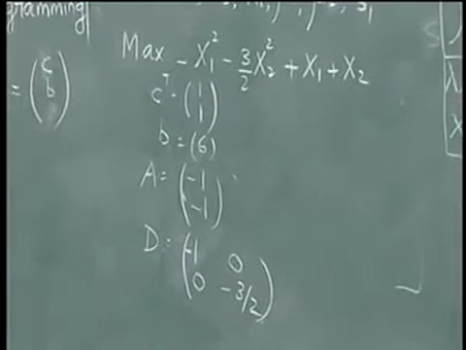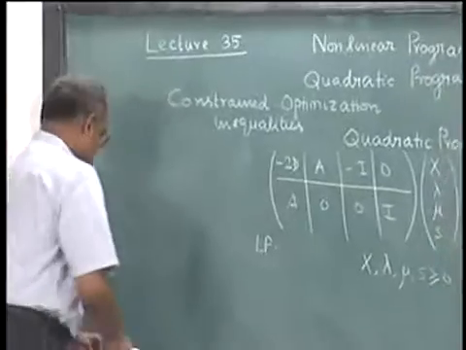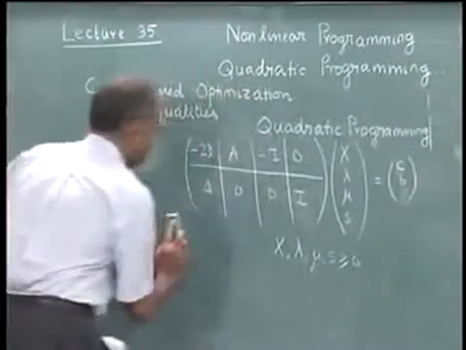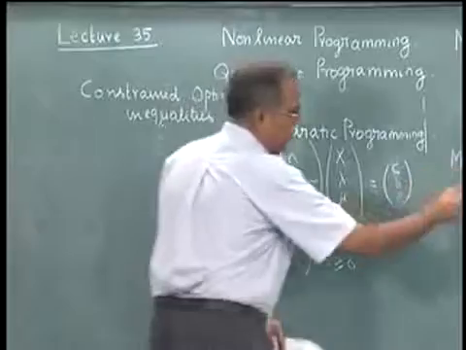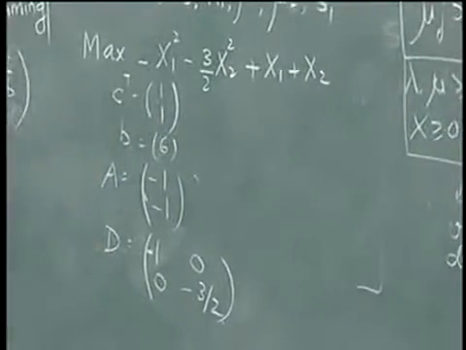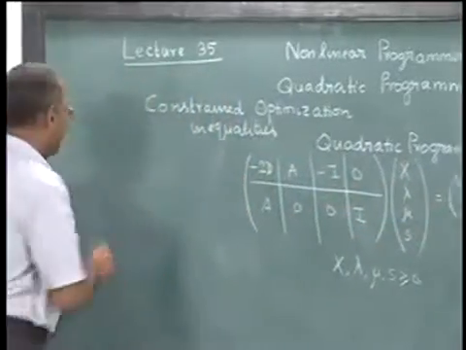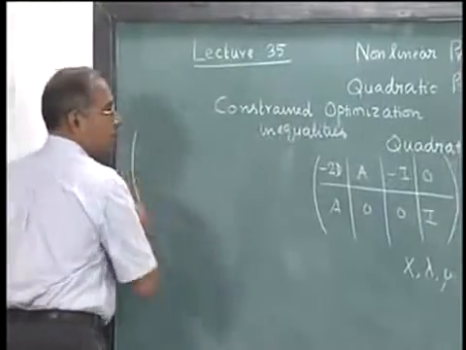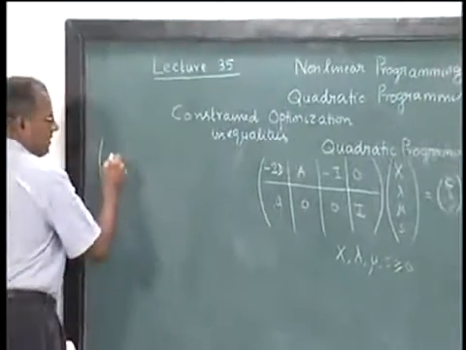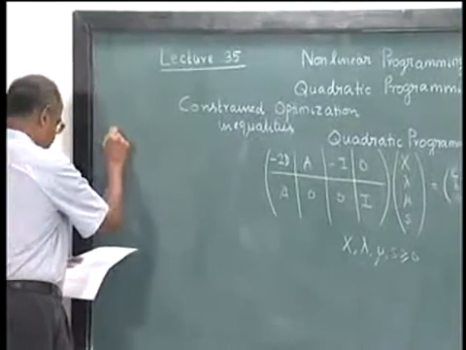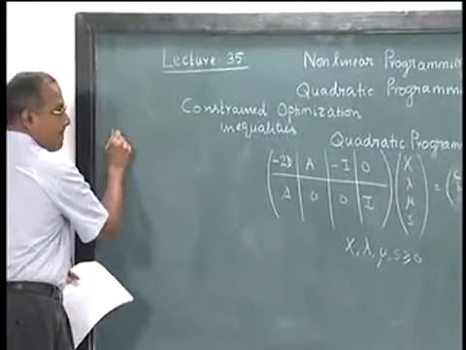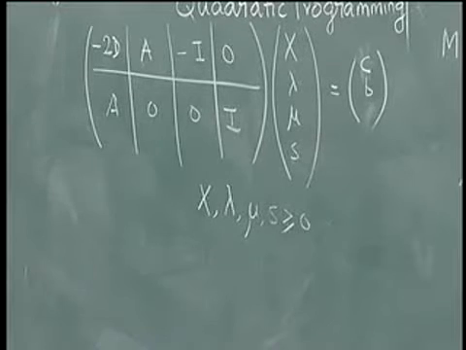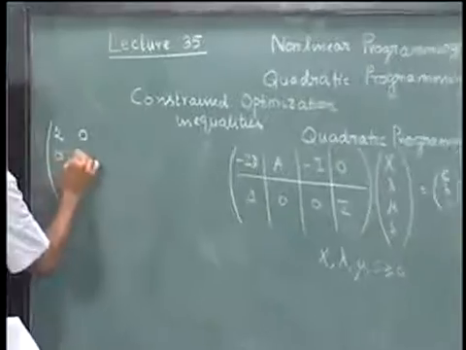Now we know C, we know B, we know A, we know D, so we can write it in this form and see how it looks. So right now minus 2D will become 2 0, 0 3.